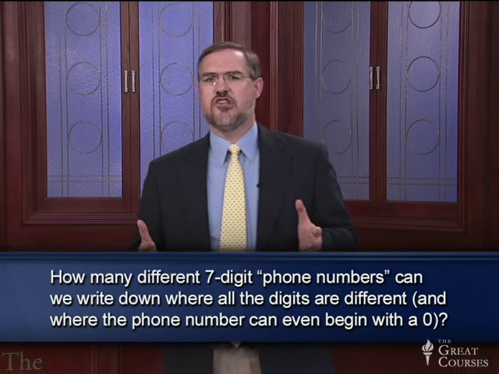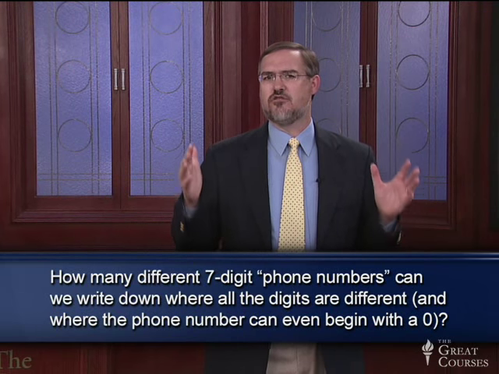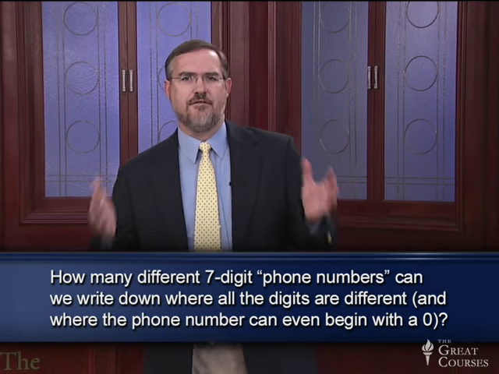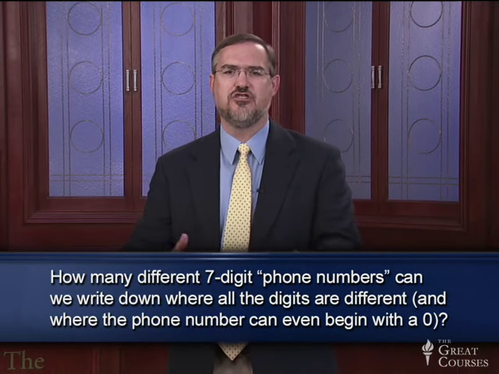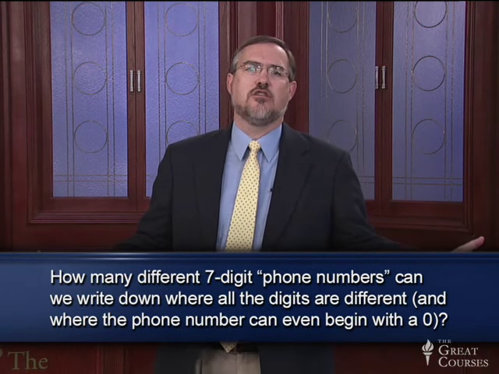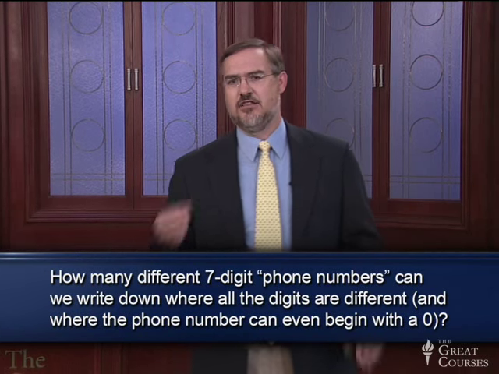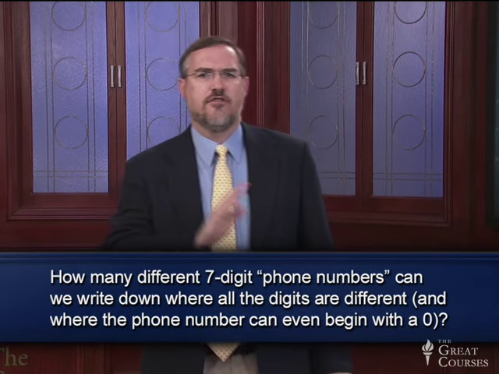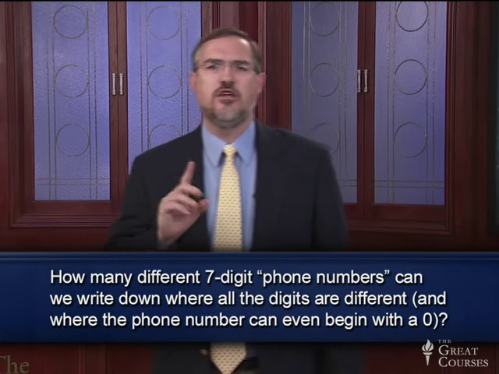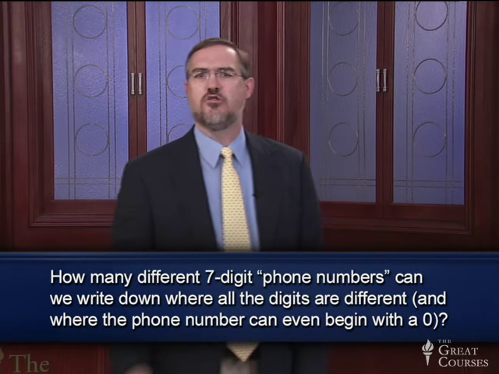Now, notice that the order definitely matters. If these are really phone numbers, then you definitely have to worry about the order. I mean, how many of us have accidentally switched a couple digits when you're dialing a phone and you get the wrong number? That tells me immediately that the order matters. And since the digits all have to be different, we know that we can only use each digit at most once.